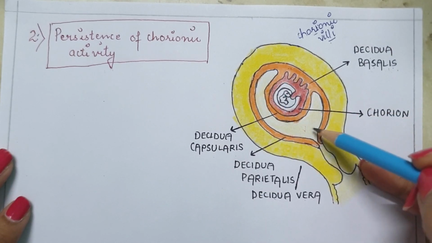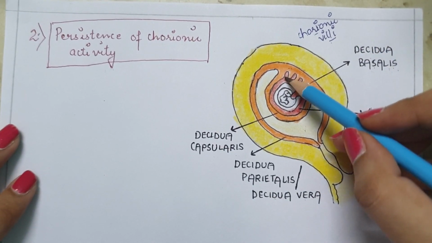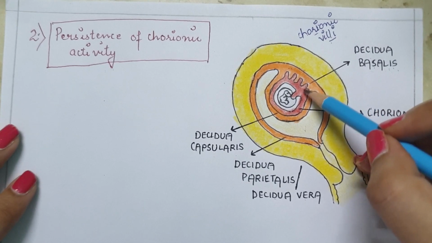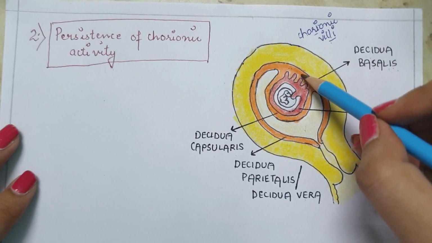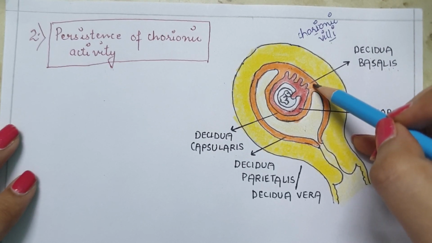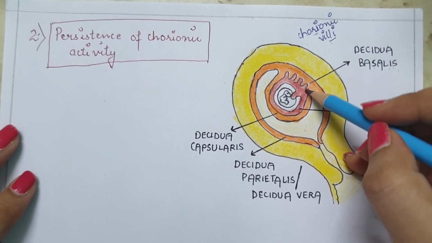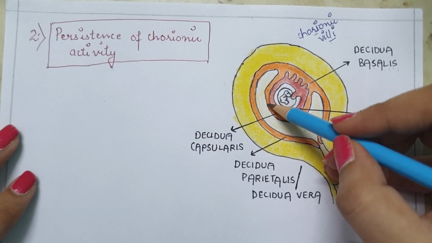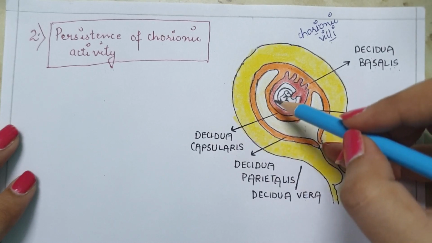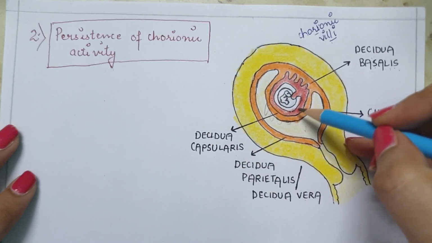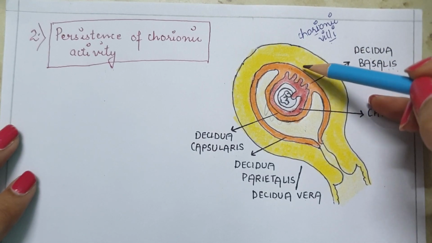So in the orange color, this is decidua. Normally the chorionic villi invade the decidua basalis in the upper uterine segment. But if these chorionic villi start projecting out in the decidua capsularis, like here, this is chorionic activity, the fine projections invading inside the decidua for nourishment.